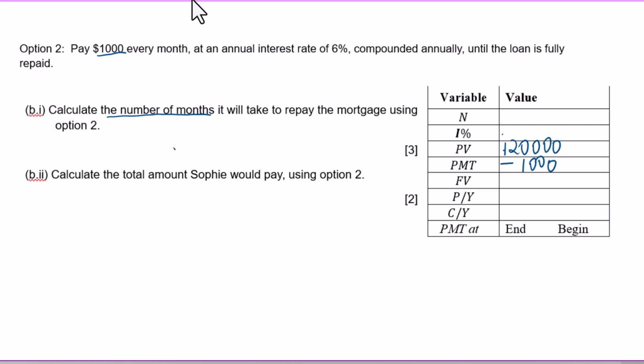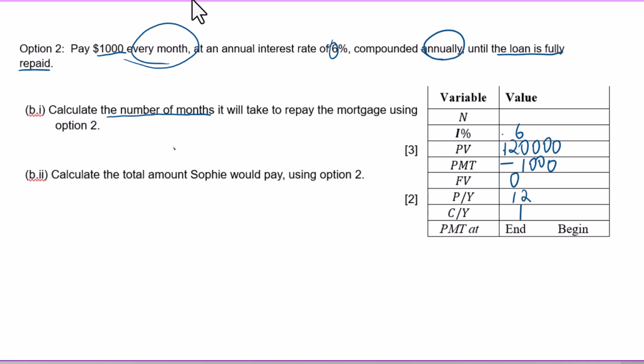Future value will be 0 because they said until the loan is fully repaid. Interest rate is 6. Annually, that is CY, 1. Every month, payment per year is 12.